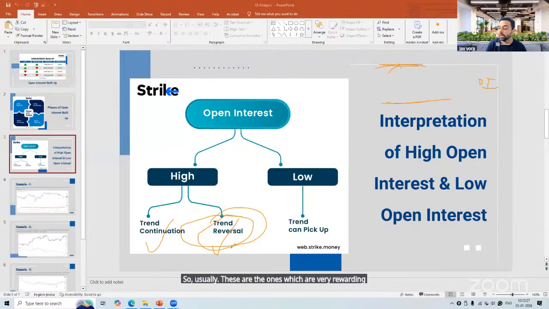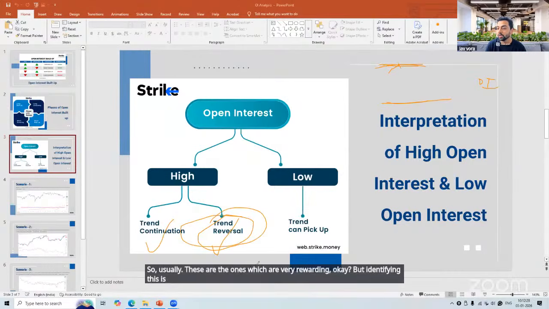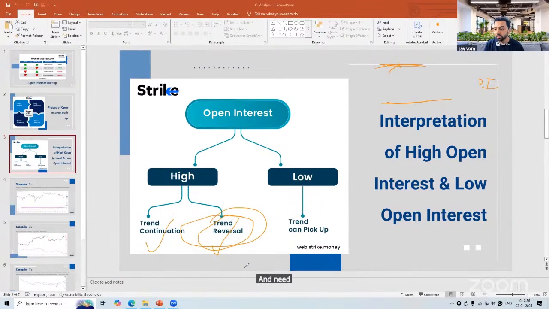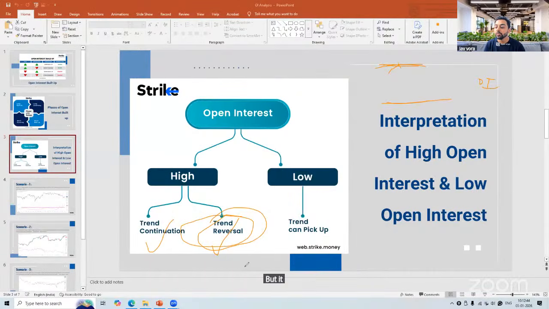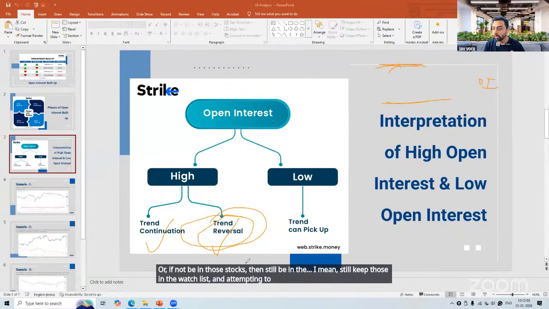But identifying this requires an art and needs patience as well. I'm telling you patience because I'll show you examples where eventually the views went right, but it required a brave heart to be in those stocks, or if not be in them, then still keep them in the watch list and attempt to go long.